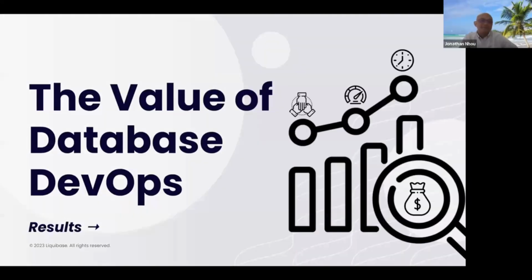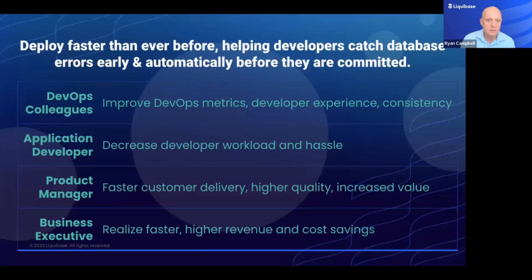Okay. Yeah. Cool. All right, so we've got Liquibase implemented, and now I'd like for us to shift into talking about the impact that this is having on the rest of the organization and on your metrics. I think what we see, and I think what you've seen, Jonathan, too, is that the value of database DevOps materializes for different personas across the organization, right?